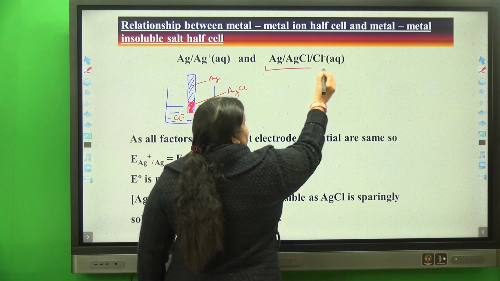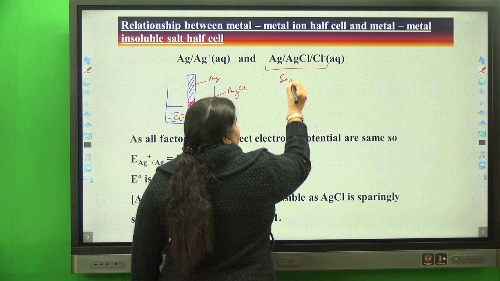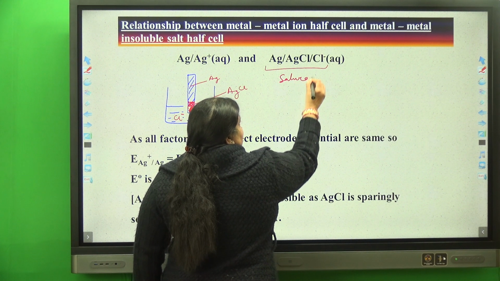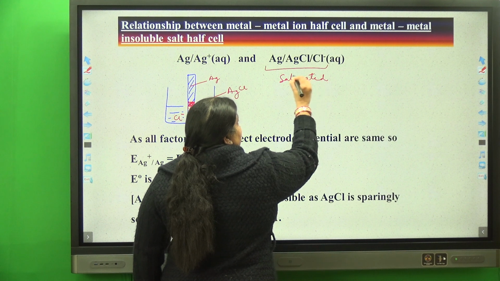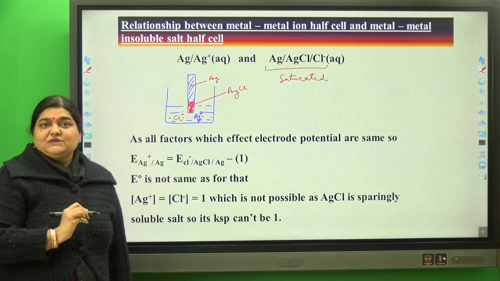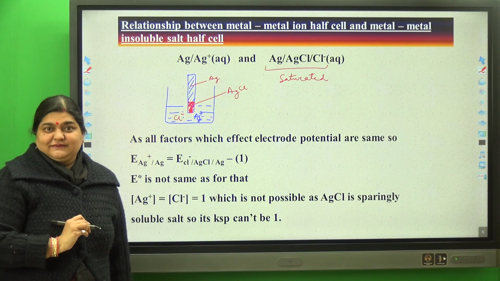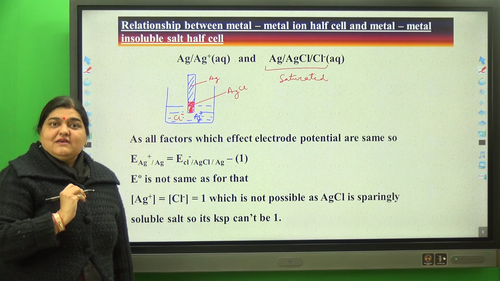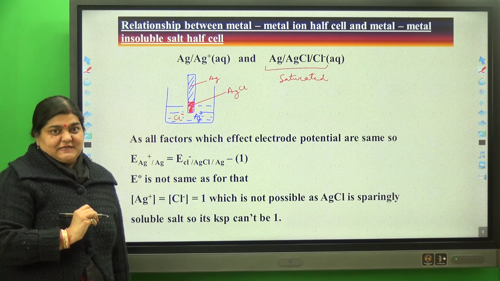Here we are taking saturated solution. Saturated state means ionic product of AgCl is equal to its solubility product. That's a very important point which has to be kept in mind.